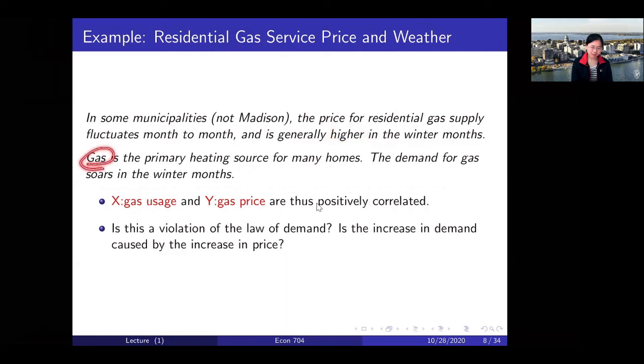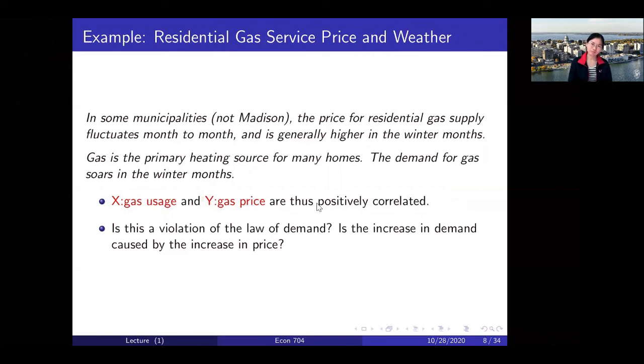And because gas is the primary heating source for many homes, the demand for gas also increases in winter months. So gas price is higher in winter, and gas demand is also higher in winter. If you let X be gas usage and Y be gas price, they are typically positively correlated. Do you consider this a violation of the law of demand? Does the law of demand not hold for gas?